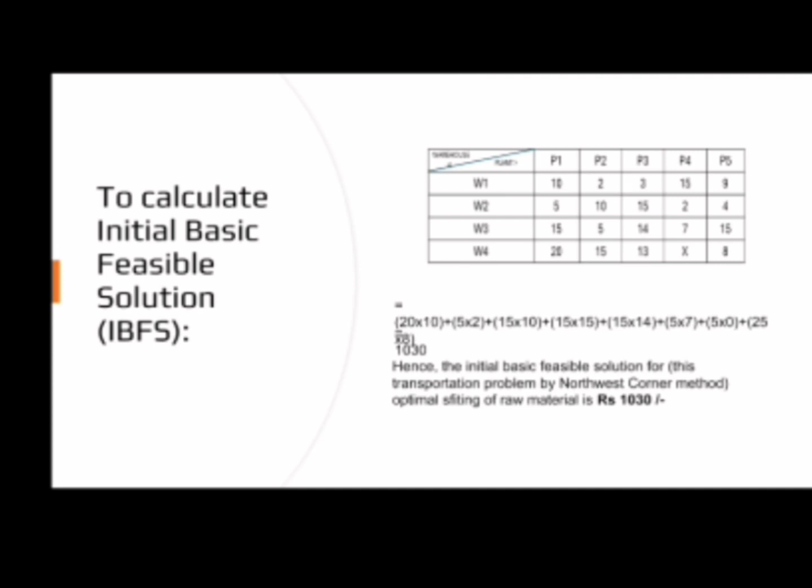The summation of all this gives 1030, and hence the initial basic feasible solution for the transportation problem by the Northwest corner method, where the optimal shifting of raw material costs rupees 1030. Thank you.